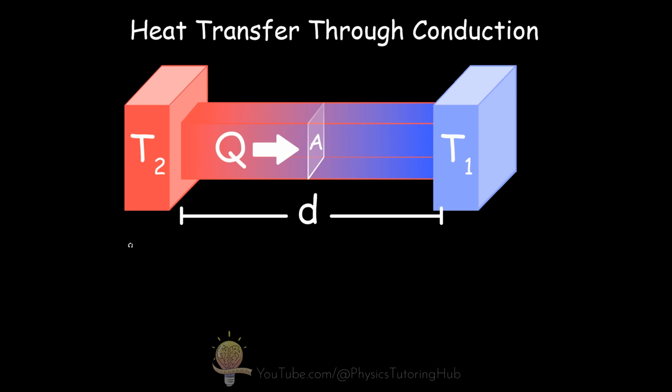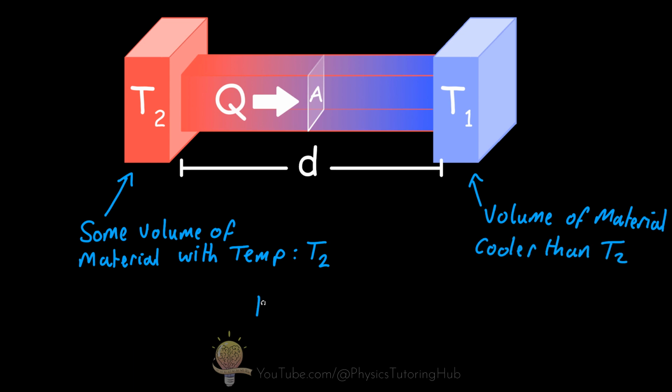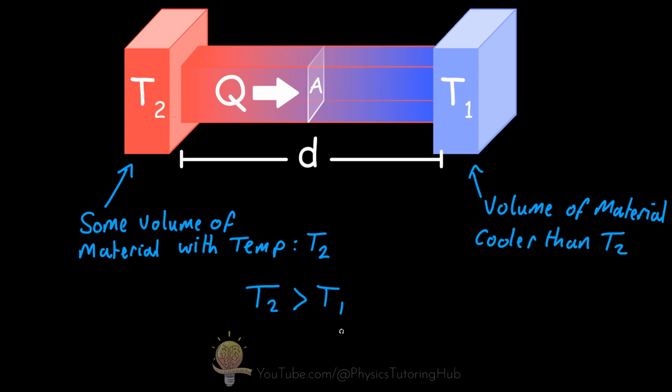So on the left-hand side, we have a volume at a constant temperature, and we've called this temperature T subscript 2. And on the right-hand side, we have a volume of cooler temperature at T subscript 1. Now this could be the difference in temperature between the air outside on a hot summer's day and the cooler air inside a house.